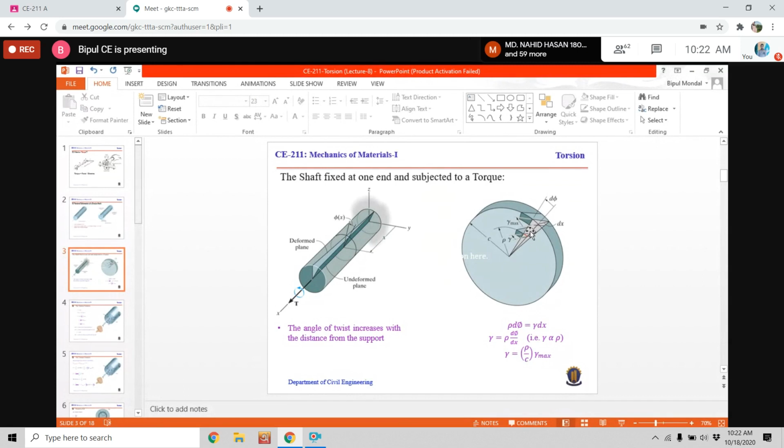So if we consider this triangle, although this red line is a curved line, if this element is very small, then in that case we can assume that this red line is a straight line, right? So there will be a triangle, and look at the figure, this angle is vertical angle, right? And this angle is horizontal angle, and this angle indicates the shearing strain.